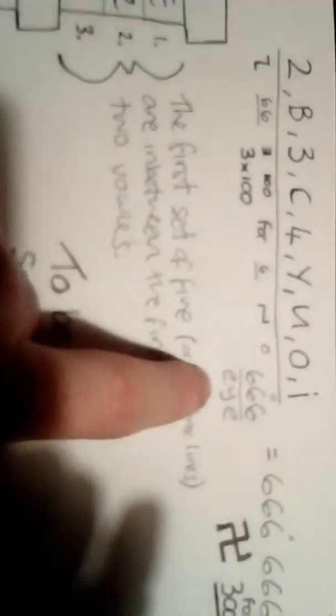So to be free, C for Y, U, O, I, and the I being 6, 6, 6.